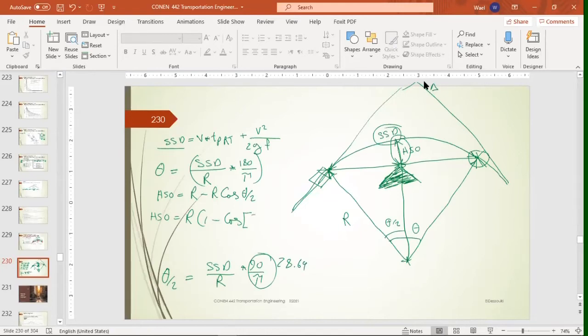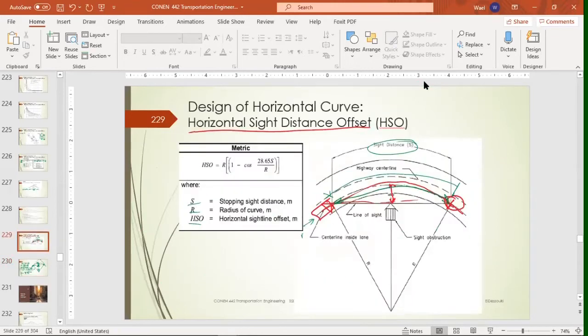So here it's 28.64 multiplied by the stopping side distance divided by R. And that's basically what we have here.